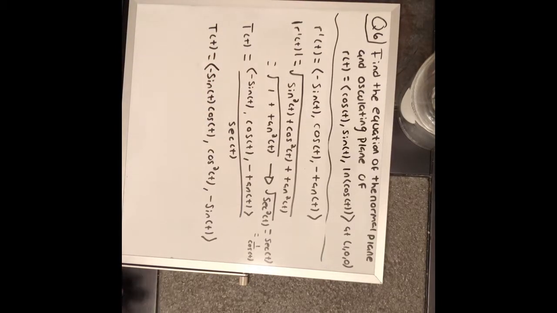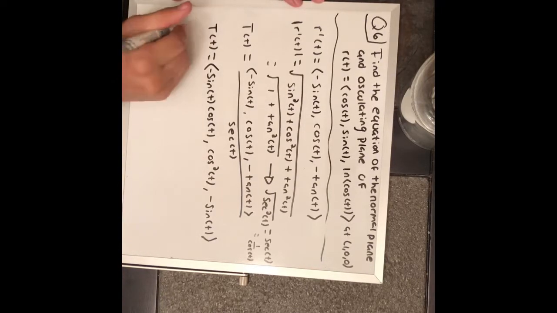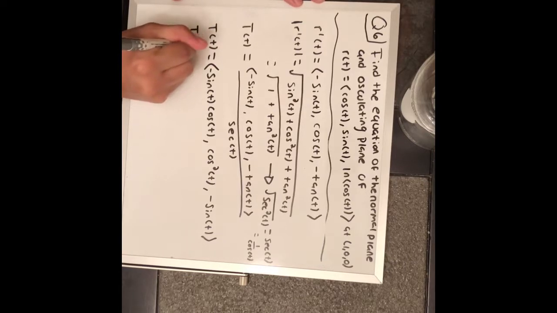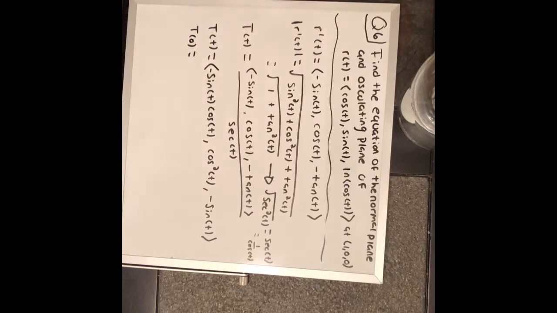Okay, so this is our unit tangent vector, and let's solve for the normal plane before we go into the osculating plane. We're going to take this at 0. Any point would work, but this is much easier at 0. So we have the unit tangent at 0, which is equal to all these values at 0.